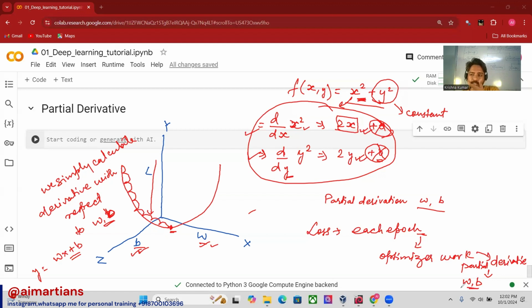It simply changes weight and bias, so my model gets trained with a different weight and bias just to see whether the loss is going down or not.